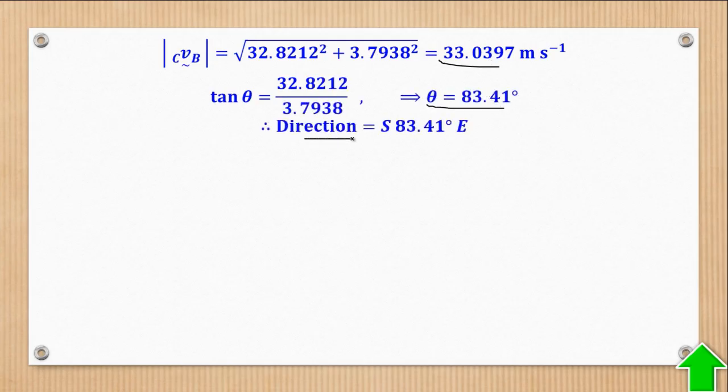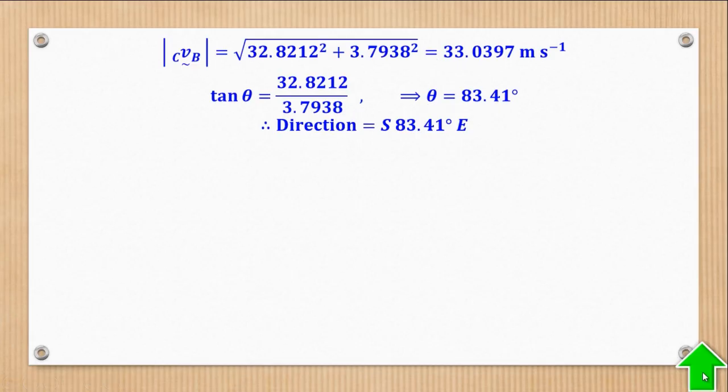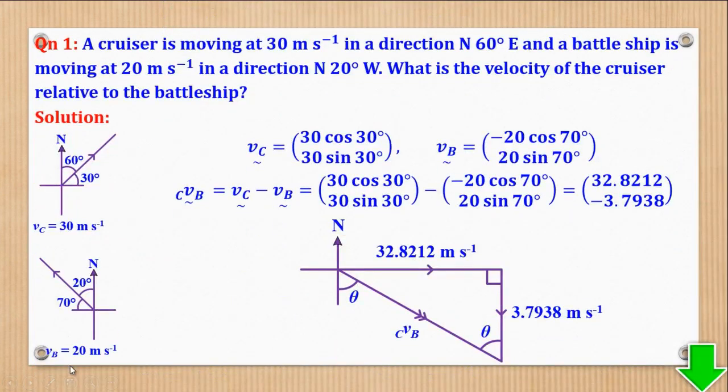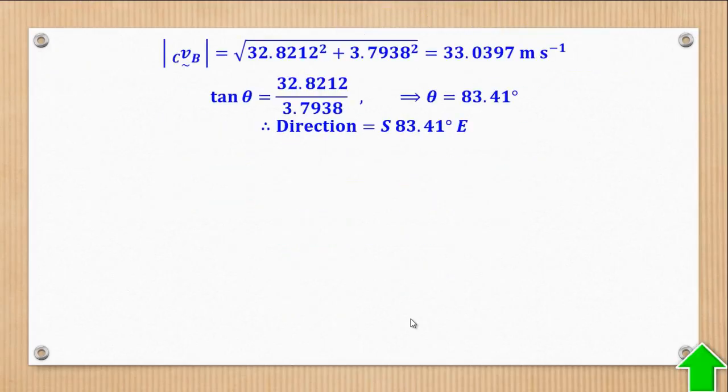Therefore, we can set the direction as south 83.41 degrees east. How does it come about? So this is the angle which you have got, theta. So this is south and this is east, meaning it will be south 83.41 degrees east. And that's what they wanted.